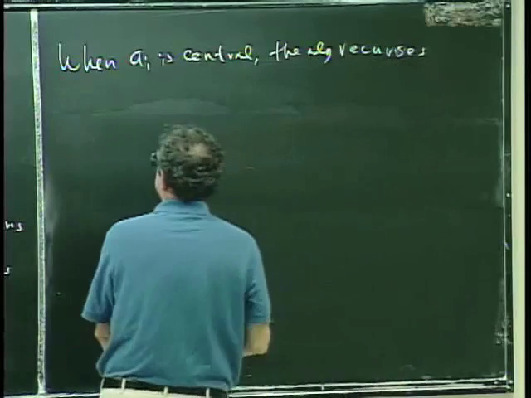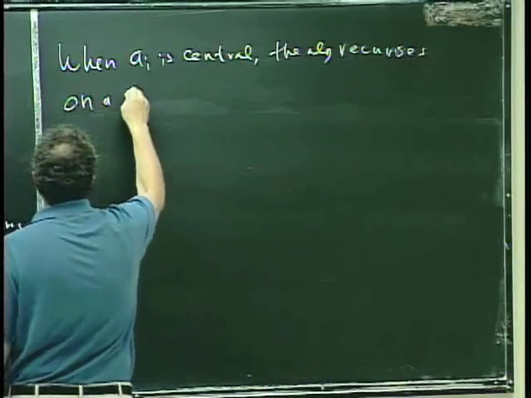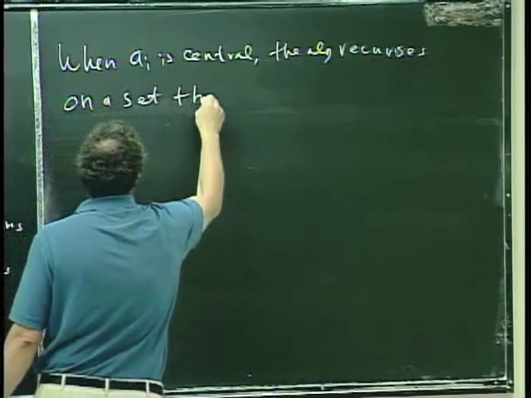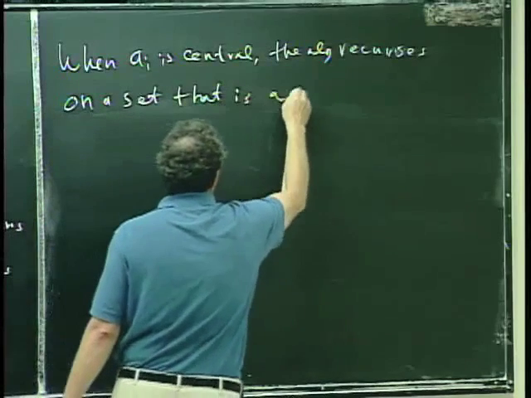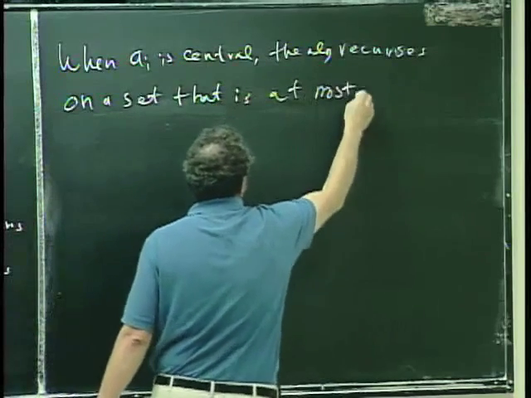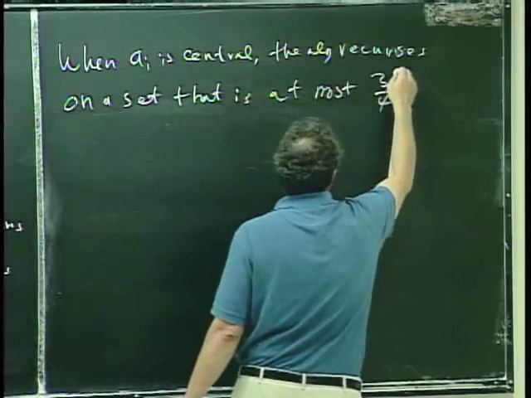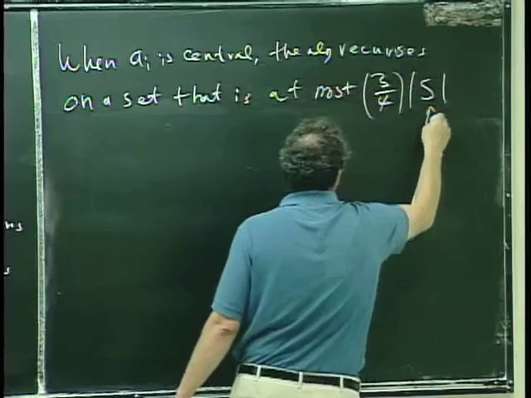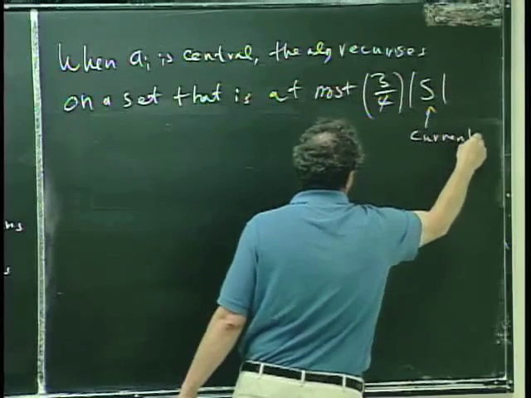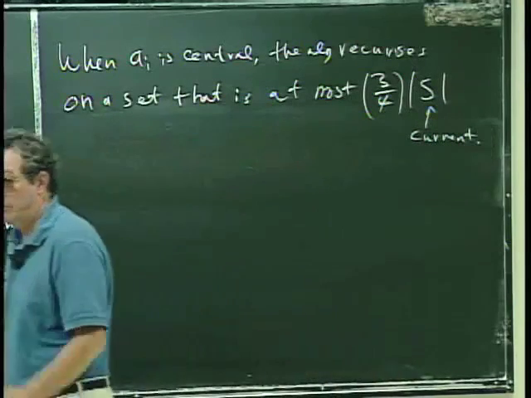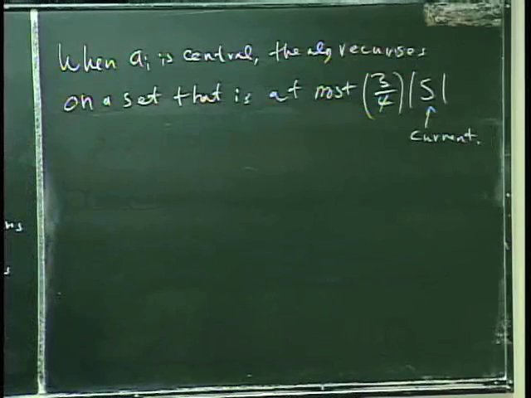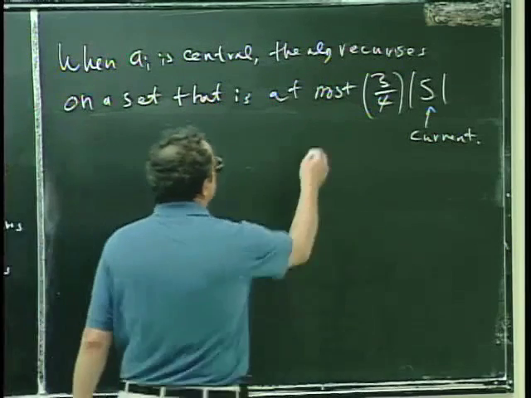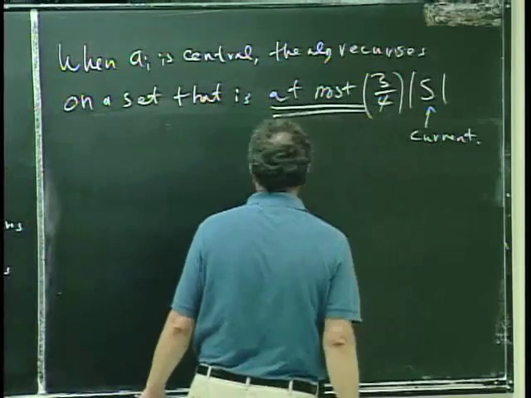It recurses on a set that is at most 3/4 the size of the current S. Okay? You got rid of a quarter, so the size of what remains is at most 3/4 of the size of what you're working on. So it's at most 3/4 S.